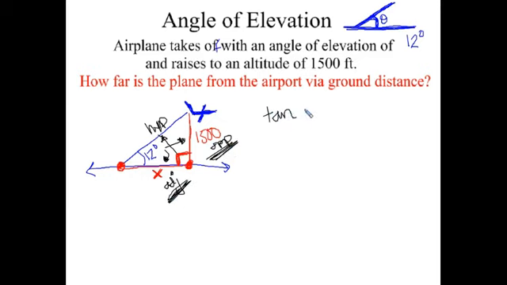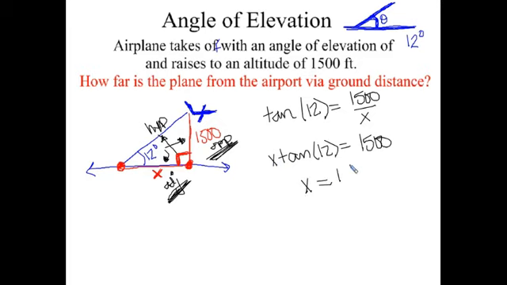That would be tangent. So tangent of our angle 12 should equal opposite over adjacent, or in other words, 1,500 over x. So what we can do is maybe multiply the x over to get x tangent of 12. And to figure out what x is, we can divide both sides by tangent of 12.